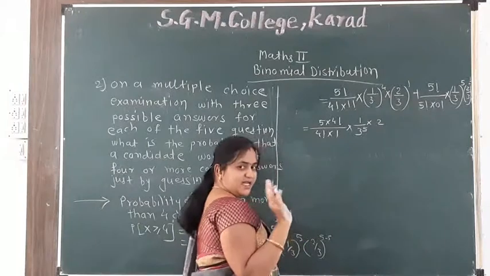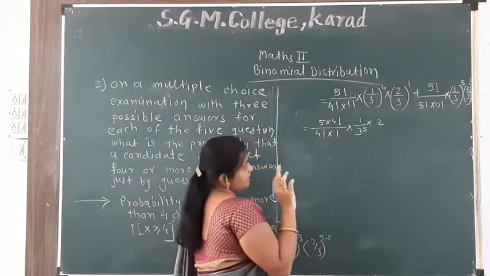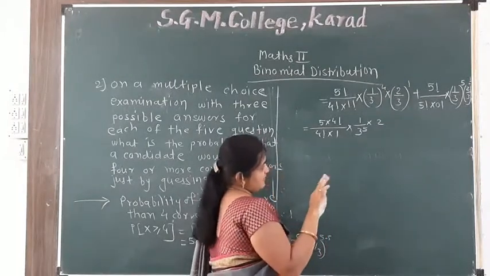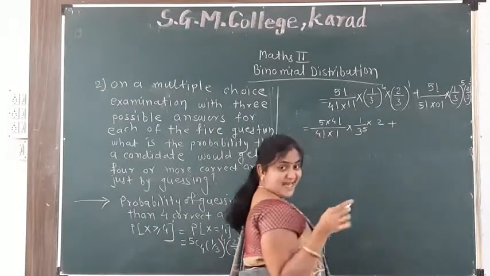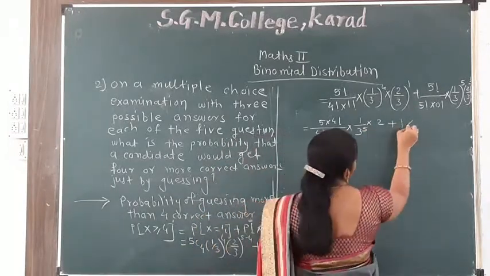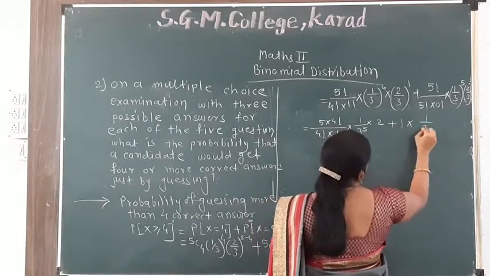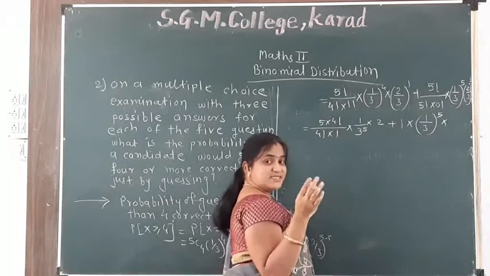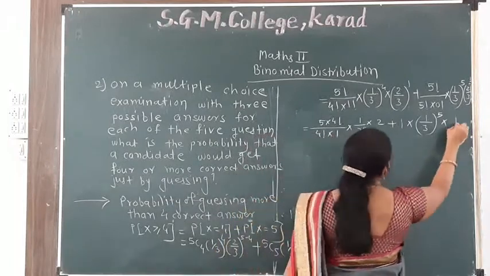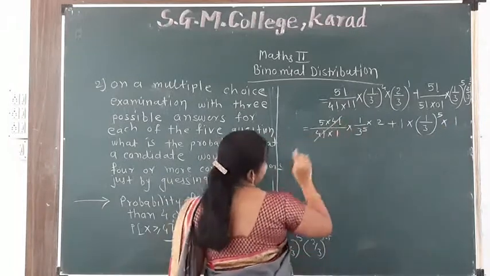So the bases are the same, addition of powers: 3 raised to the power 4 plus 1 which is 5, multiplied by 2. In the second term 5 factorial cancels out, so we get 1 multiplied by (1/3) raised to the power 5 multiplied by anything raised to the power 0, which is 1. In the first term 4 factorial cancels out.